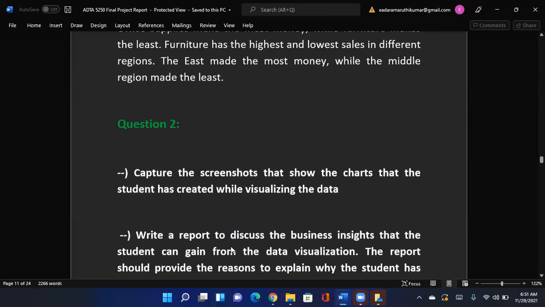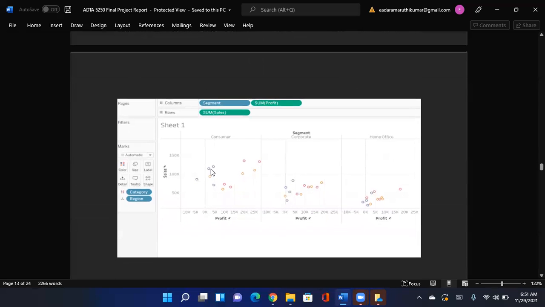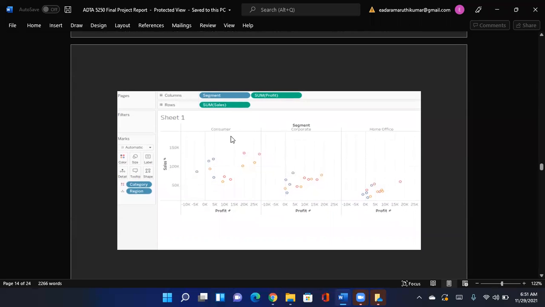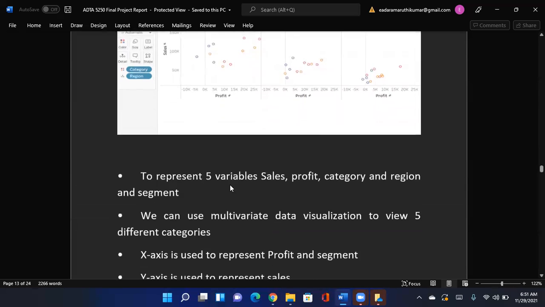After that, I also worked on the same topic with segment. In segment we have consumer, corporate, and home offices. Here we basically took the profits for the sales in the consumer segment.